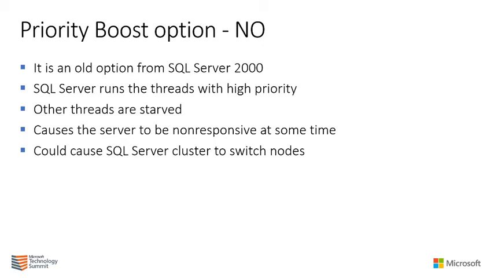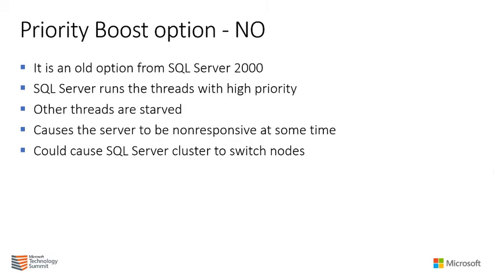But if you have an older SQL Server like 2008, 2012, it still matters. So remember that this option should be turned off, and by default it's turned off. And to make sure that you are not going to turn it on, I'm not going to show you where it is. So it will be up to you whether you would like to find it or not.